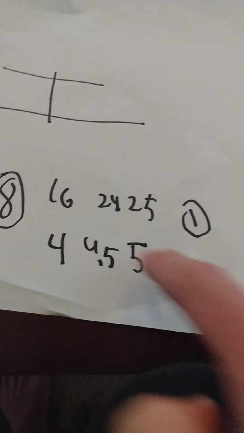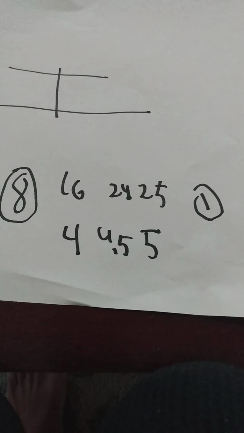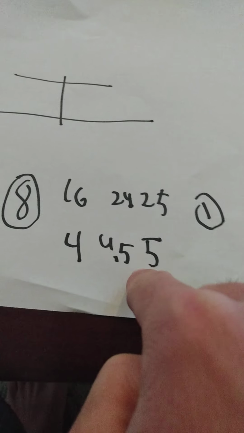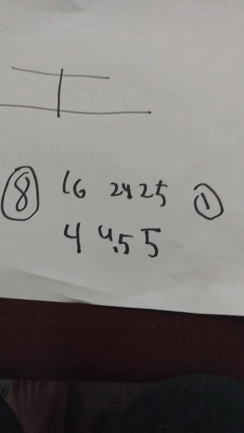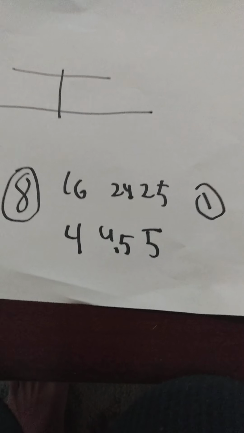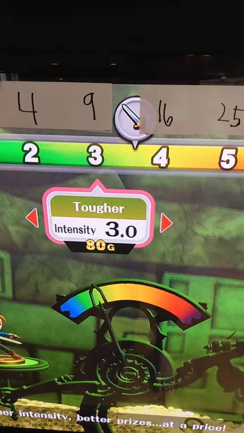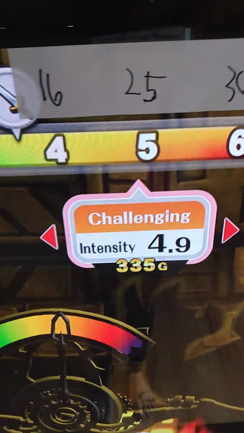Going back to the previous problem where we want to find the square root of 24. Since 24 is closer to 25, and it's 1 away, I think my estimate has to be at least 4.9 or 4.8. There we go.